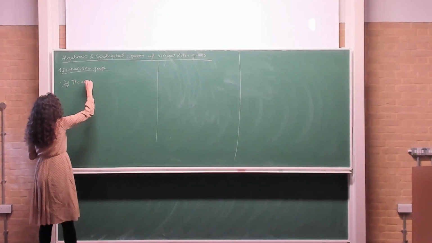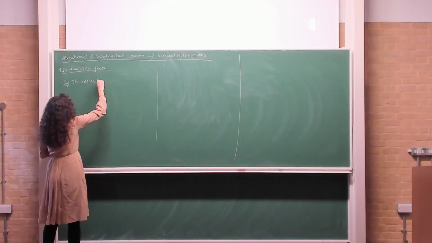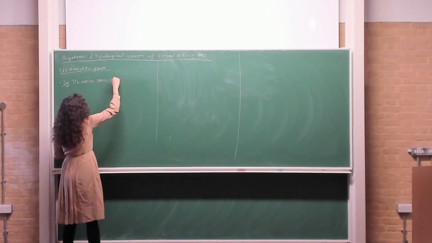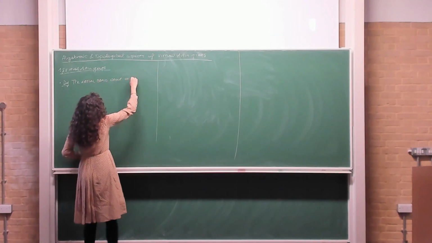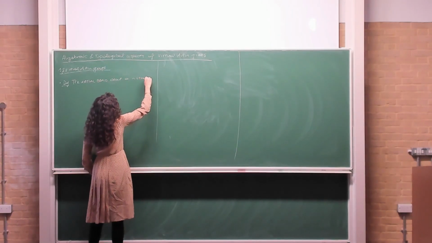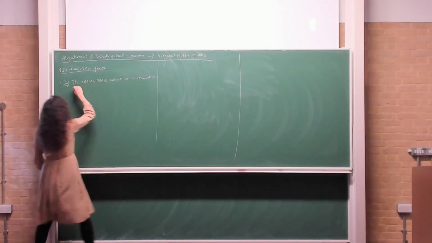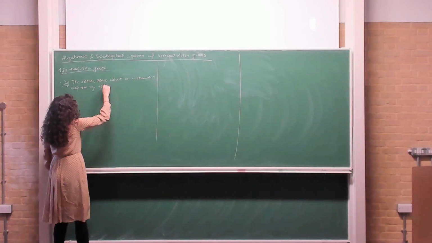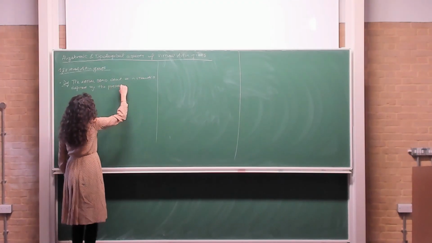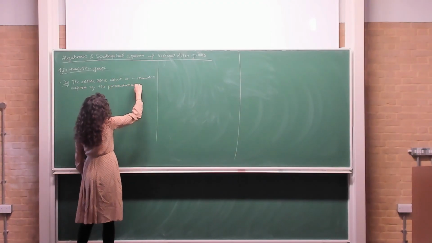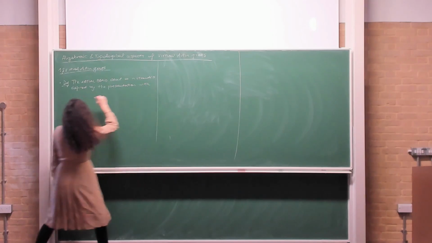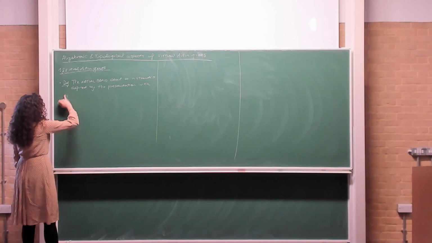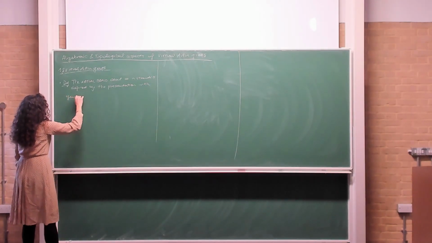So the virtual braid group on n strands is defined by the presentation with two families of generators.